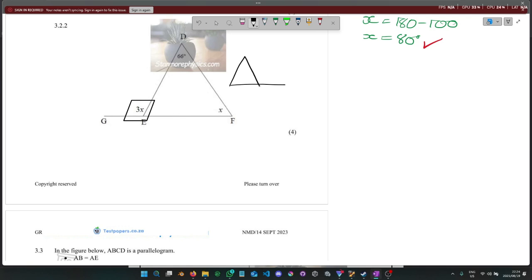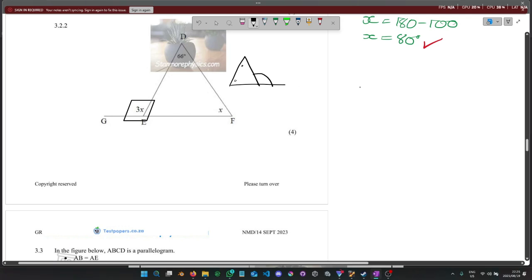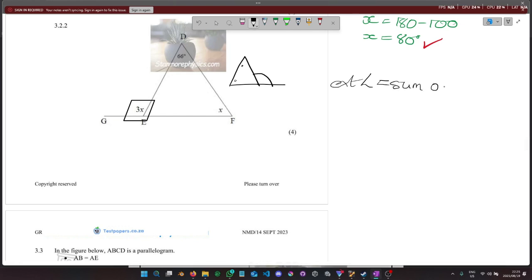Remember, an exterior angle is this part here, and the exterior angle of a triangle is equal to the sum of the interior opposite angles, which means this guy here is equal to the sum of those interior opposite angles, right?